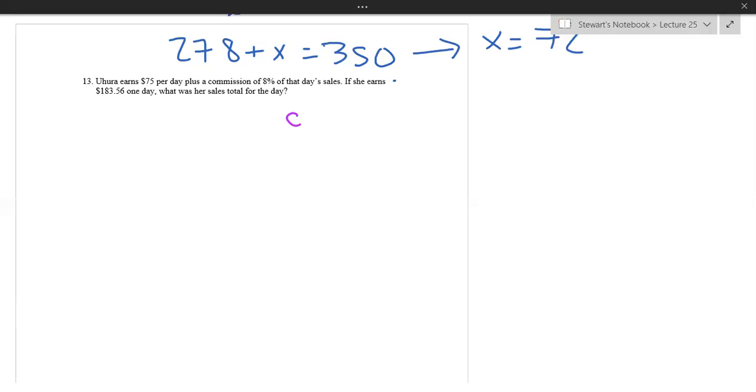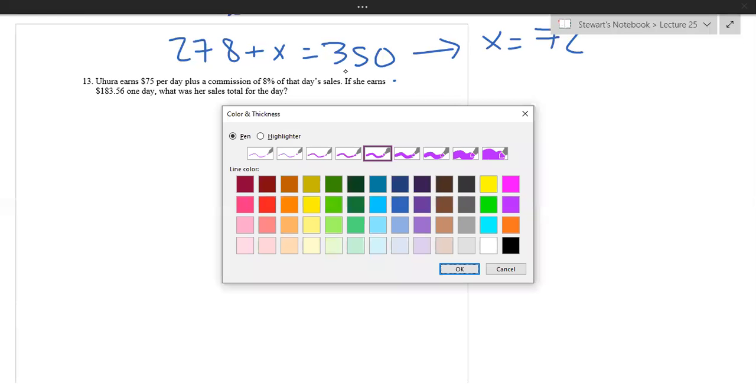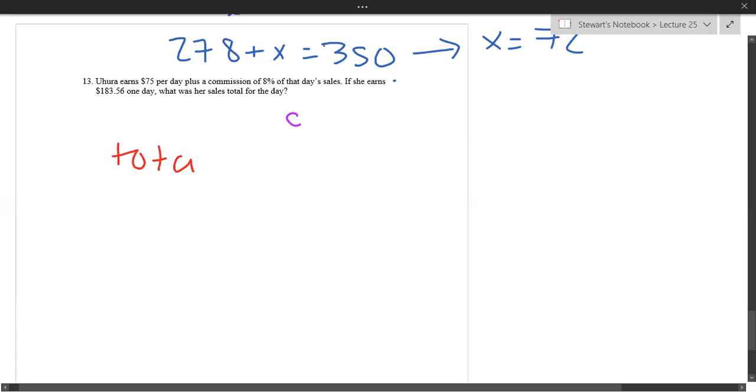Okay, so we're looking for an equation. So we want to think of the total money she made. So the total for the day is always $75.